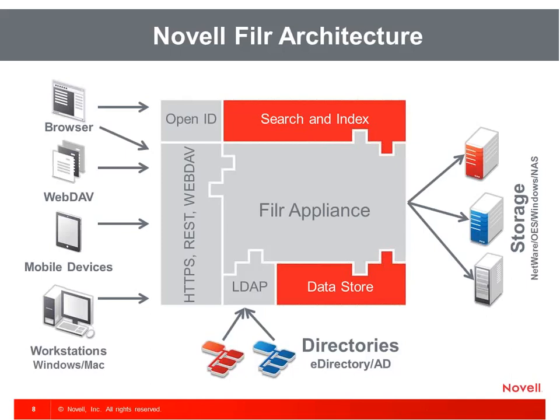But as it's doing that, there is an option for you to also full-text index all of those files. So Filr can now provide your users the ability to quickly locate files, just simply based on the contents of those files.